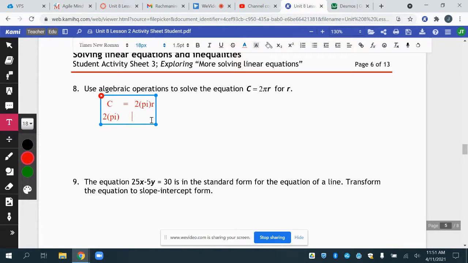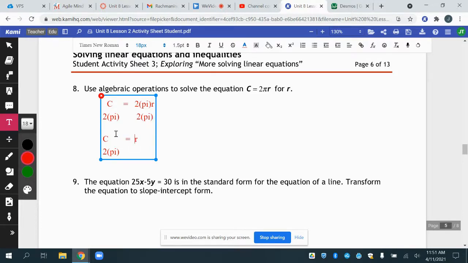I'm going to put 2 pi here as well. And what's going to happen is I'm going to end up with C over 2 pi equals r.